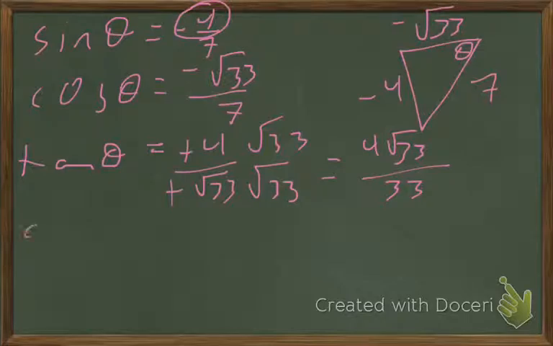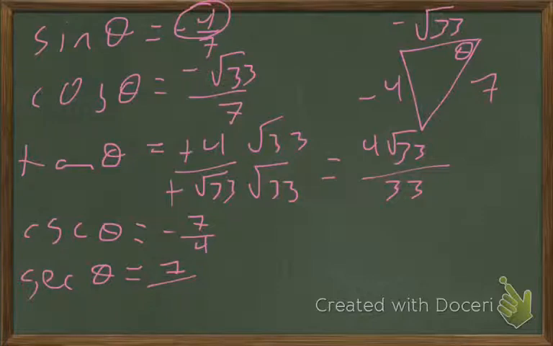Okay? Cosecant of theta ends up being sine flipped, so that's negative 7 over 4. Cosine theta flipped is secant theta, and that ends up being 7 over square root of 33. Once again, negative. Can't have the square root on the bottom, so we flip it to the top.